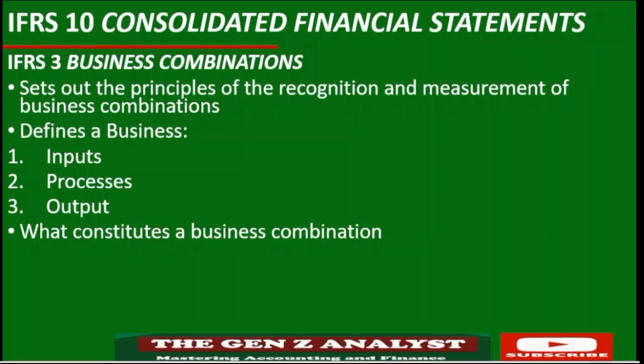So that is how a business combination is achieved. A business combination is achieved when the acquirer acquires a controlling interest in an acquiree. That is what we call a business combination. If that happens, then the business combination is done.